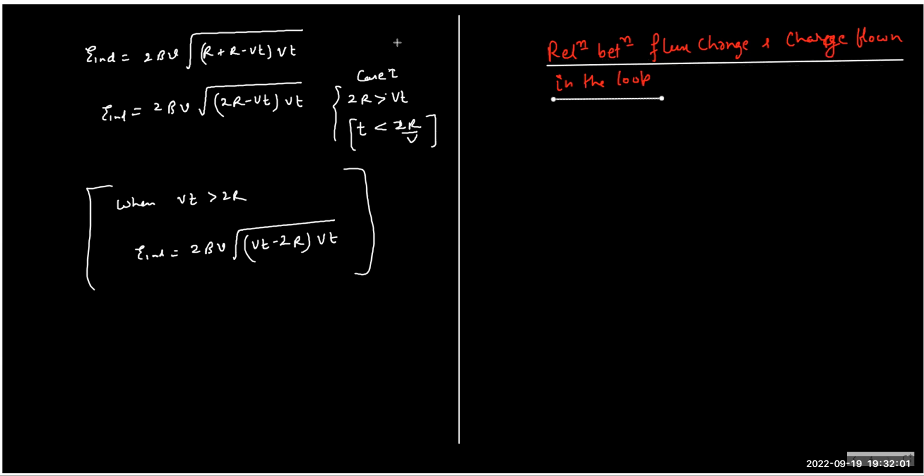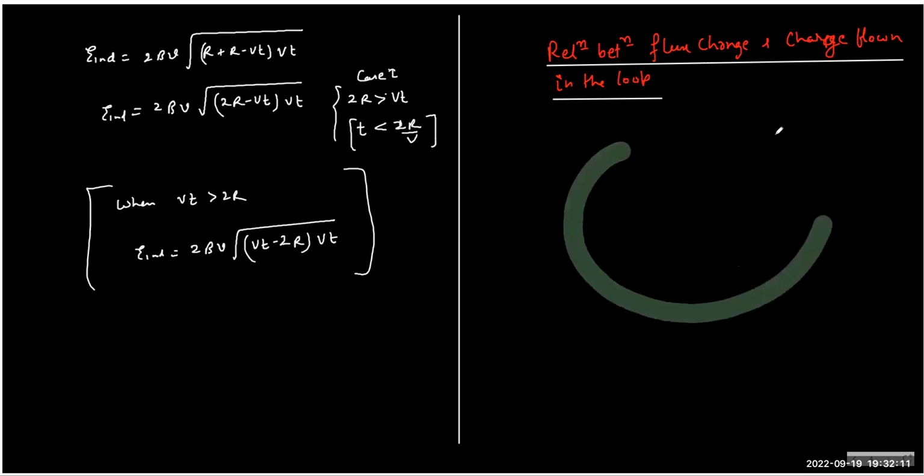Imagine we have a loop, or you can draw any random shape loop. So this is the random shape loop. It will have some cross section. And the moment the current is established, what will happen? The charge will start crossing this cross section, isn't it?